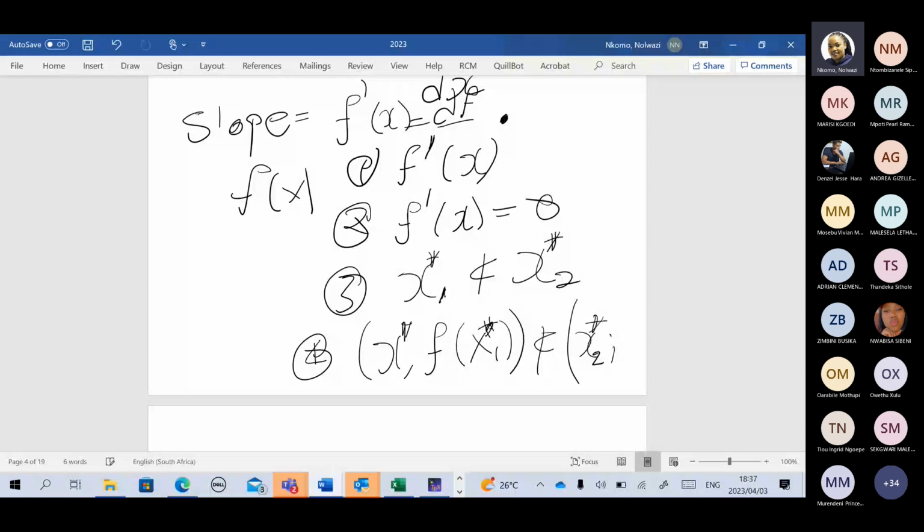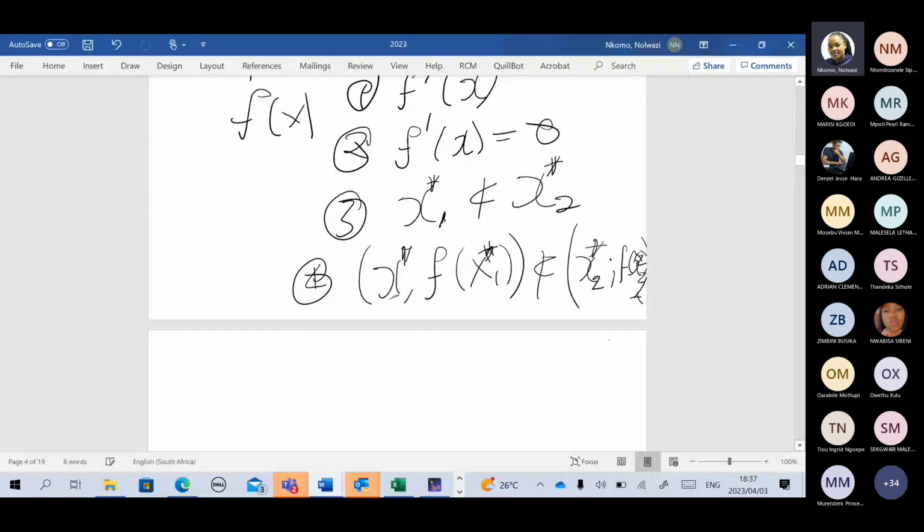Then the next part is to determine the nature of these points, x star 1 and x star 2. Okay, to determine the nature of the stationary point, you need to find the second derivative. Okay, it's step 3, right?